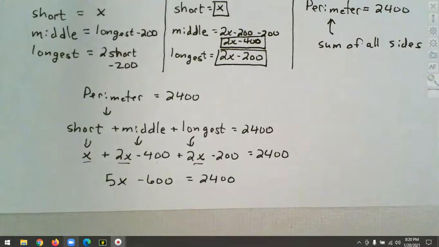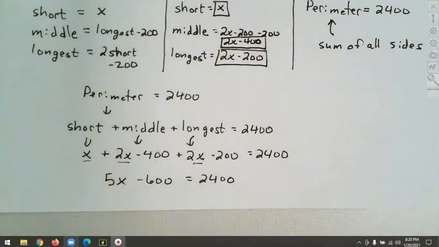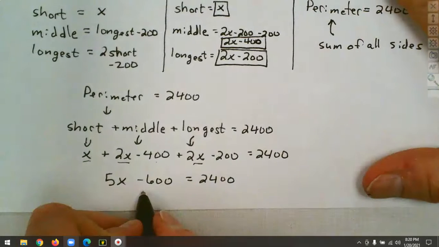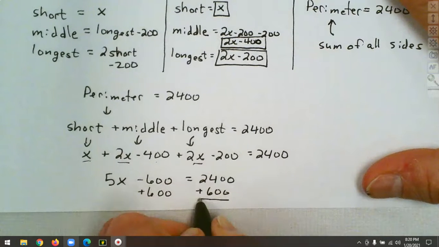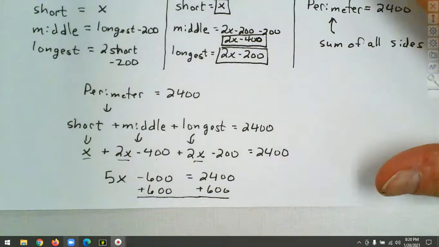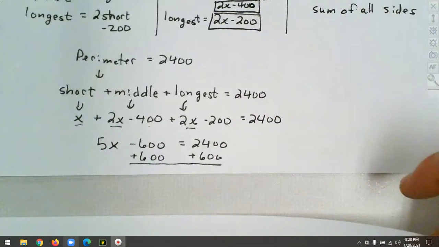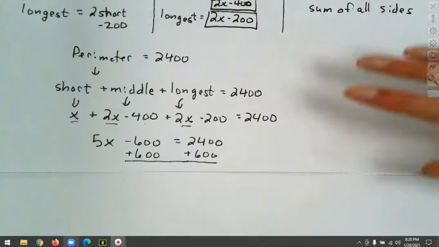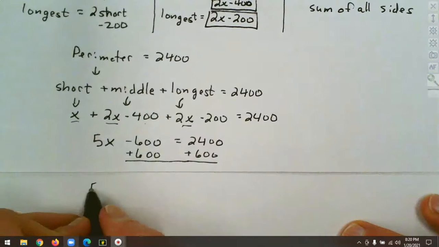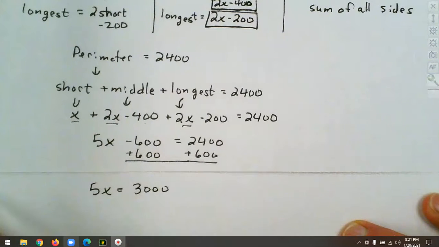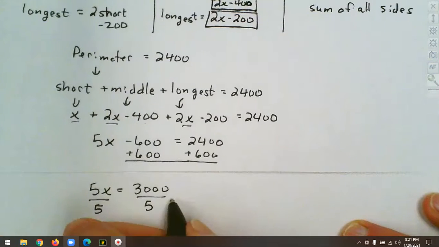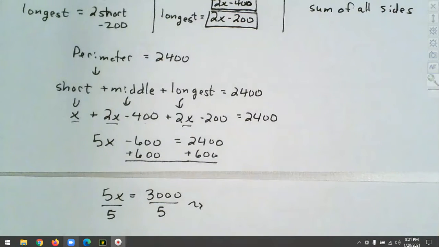Next, we're going to go ahead and move that 600 over with addition. And that then leaves us with 5x equaling 3,000. We'll divide by our 5. And that then I believe should be 600.